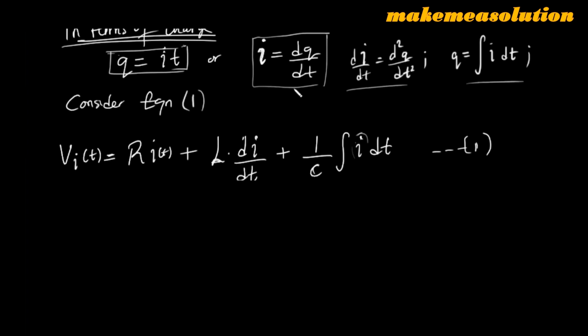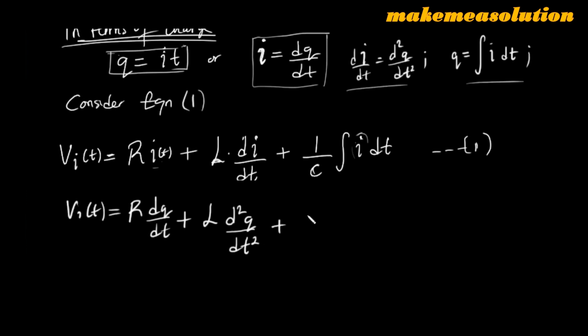So if you replace this particular equation with the charge equivalent, vi of t is going to be what? R. Okay, so instead of I of t, we'll have dq dt, because current is rate of change of charge, plus L. Instead of the first derivative of current, we have the second derivative of charge.